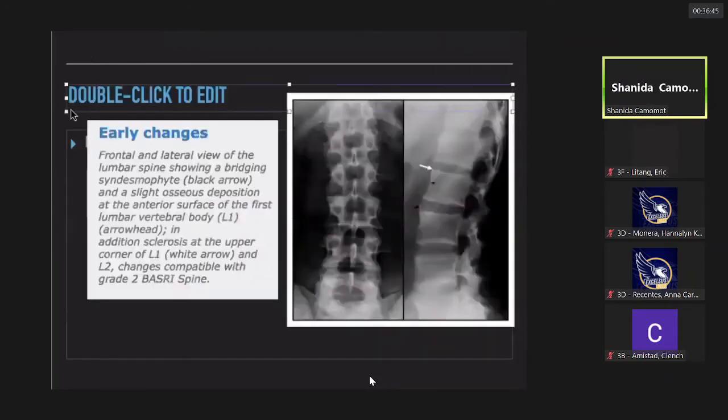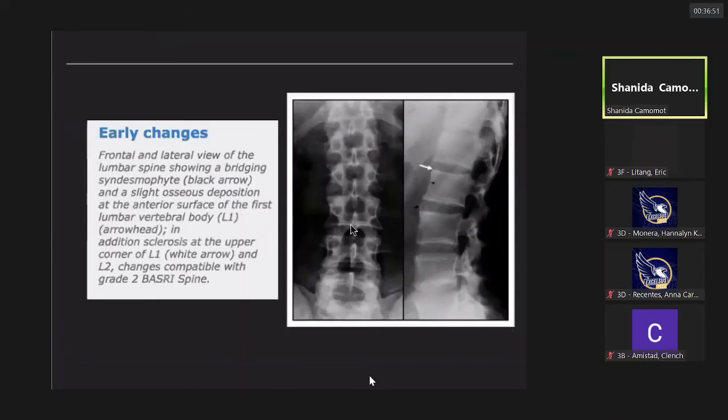And then the early changes. This is the frontal and lateral view of the lumbar spine, showing a bridging syndesmophyte, and the slight osseous deposition at the anterior surface of the first lumbar vertebral body at L1.